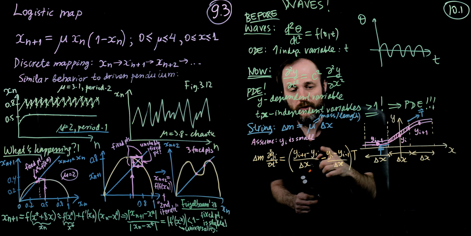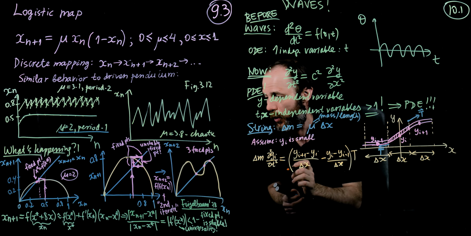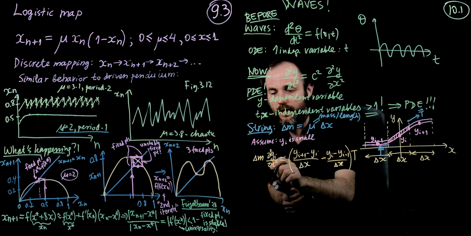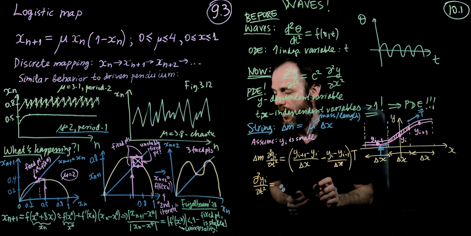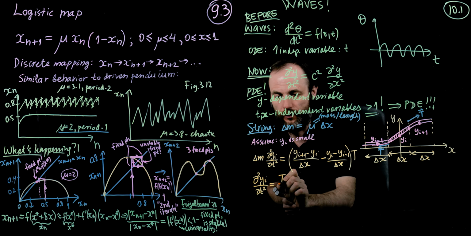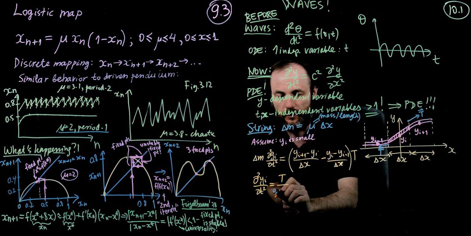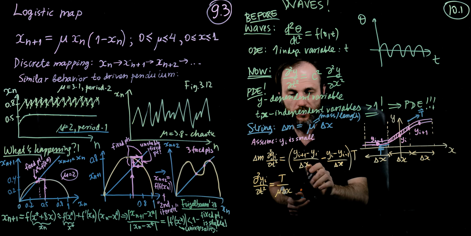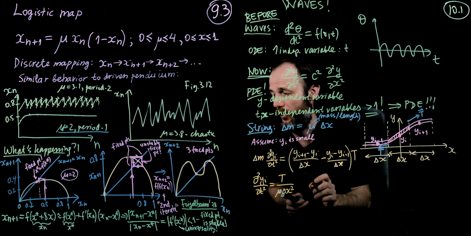And we can rewrite this by reshuffling things around. So how would we do that? Well, let's express what this second derivative is with respect to time. And that will be equal to T over here divided by delta m, and delta m is mu times delta x. And there is another delta x from here, so there will be a delta x to the second power.